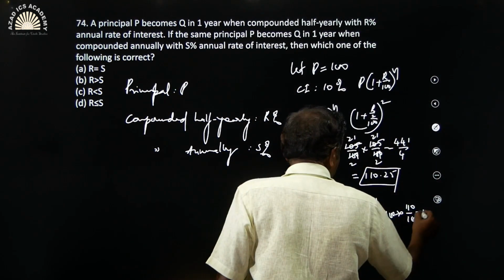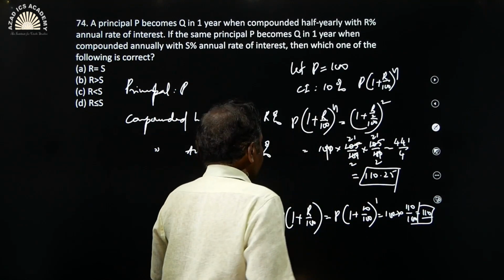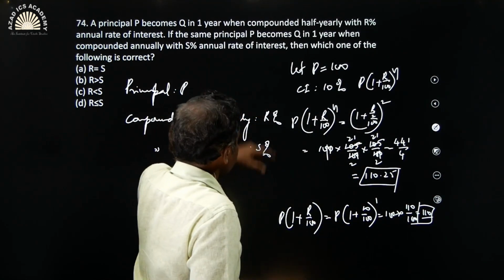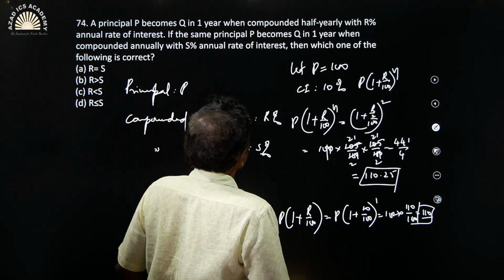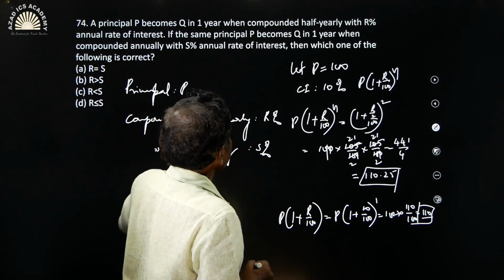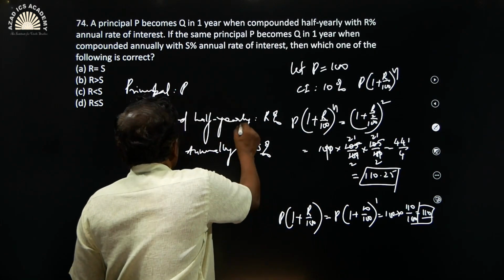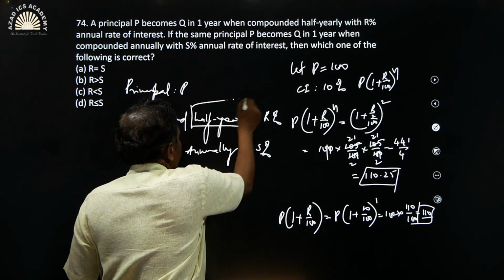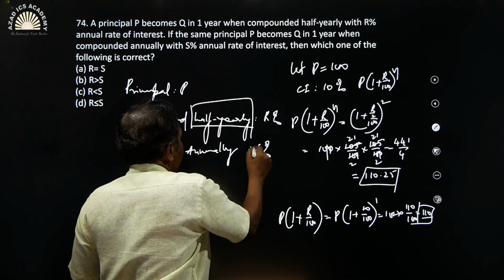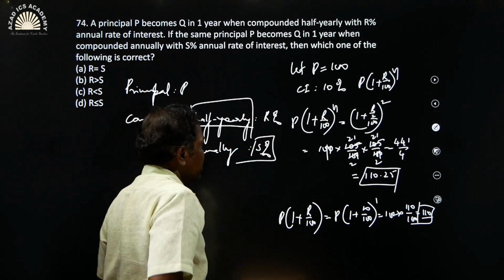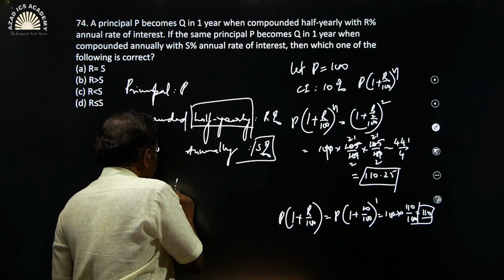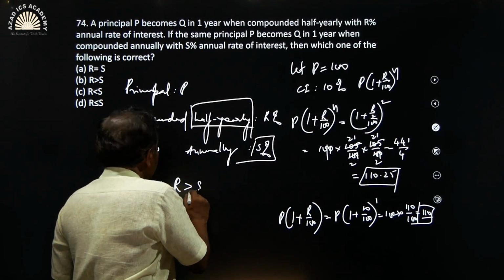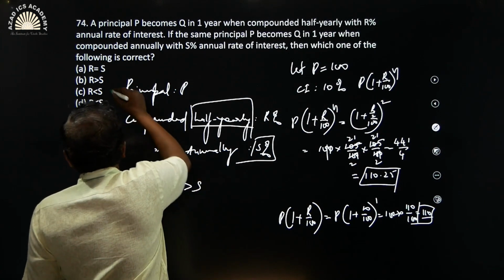Now which is more? In the first case it is half yearly R%, and yearly S%. Which interest is more? Half yearly interest is more. Hence the relation is R greater than S.